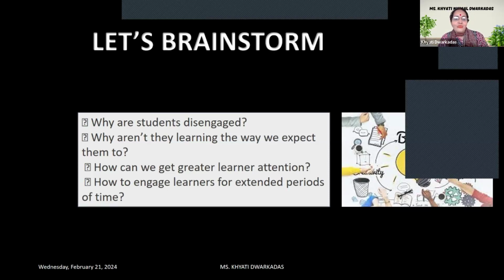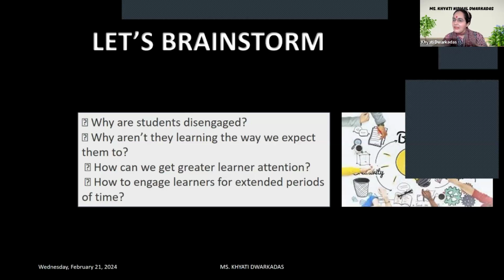Now, why are these students not learning the way we wanted them to? Again, we came to this conclusion in the beginning of the session that they are disengaged. And therefore, we have a lot of these discipline issues in our classrooms. And how are we going to get greater learner attention?